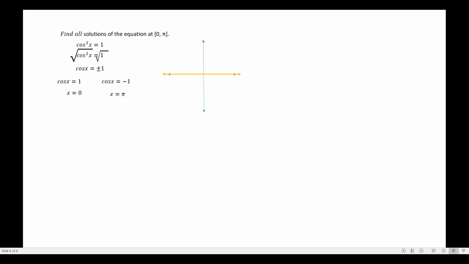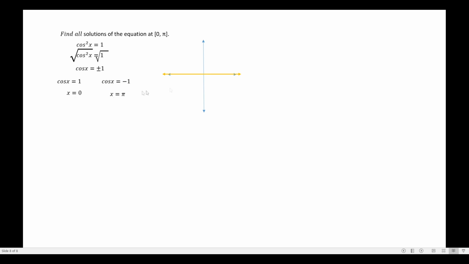There are no other possibilities of getting 1 and negative 1, because at the pi over 2 angle or 90 degrees, the cosine value is 0, and also here it is 0. These are quadrantal angles, so there's no reflection on the other ends. So here we limit our answers to 0 and pi.